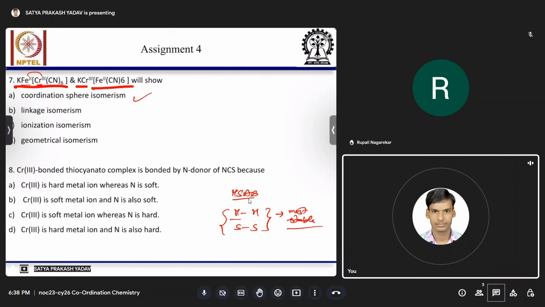So basically, if both are hard, or both are soft, then that will be stable. Nitrogen is a hard element, and a metal in a higher oxidation state is also hard. Sulfur and oxygen are soft. So here nitrogen is hard and Cr3+ is also hard. That's why option D is correct: Cr3+ is a hard metal and N is also hard.